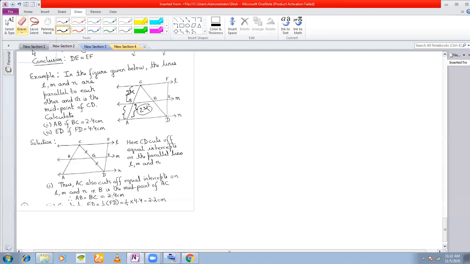Similarly, you need to calculate the length of ED. FD, the entire length, is given as 4.4. Clearly, because these two are equal, these two will also be equal, and therefore this must be 2.2 and this must be 2.2. That's it, finished. Problem is done.